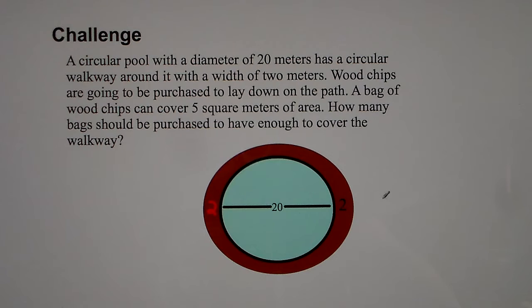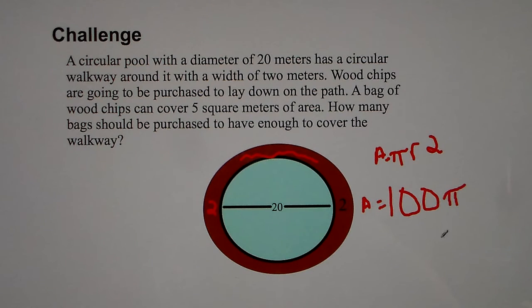And we can also find areas, but since we're working with area, because we want to find out what is all the area of wood chips, we're going to find the area of the blue circle, which in this case the area is pi times radius squared. So if our diameter is 20, our radius is 10, and 10 squared is 100. So the area of the blue guy is 100 pi. Area of the blue circle.